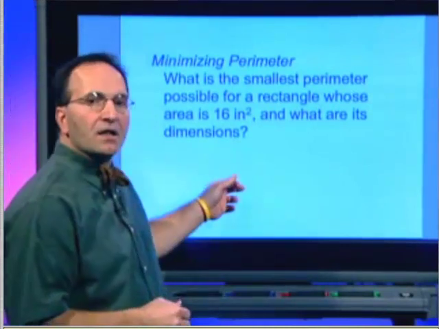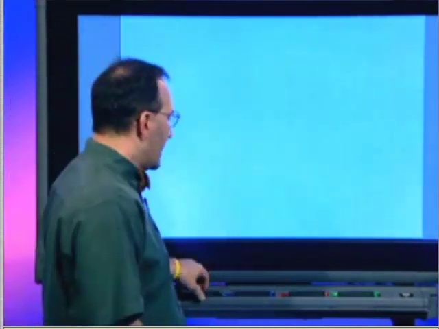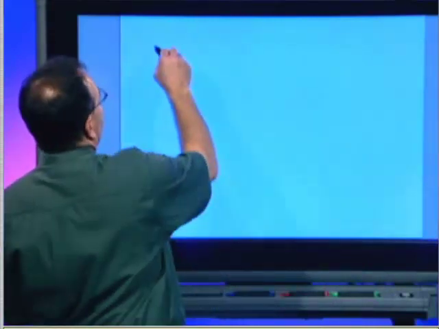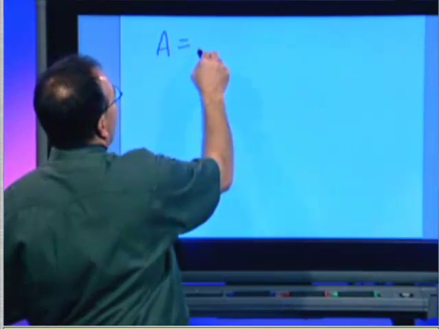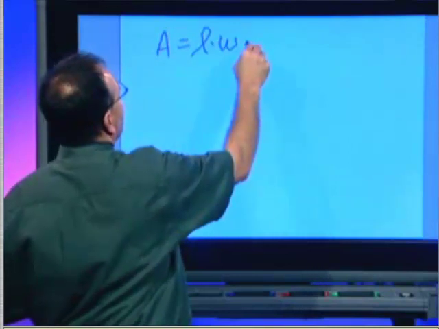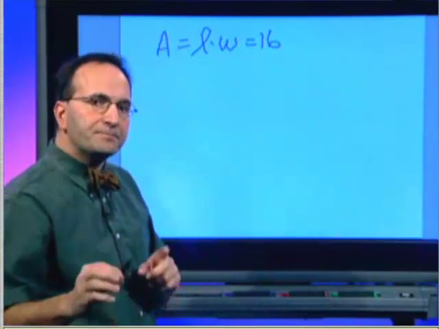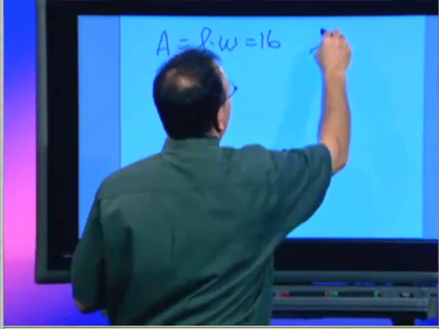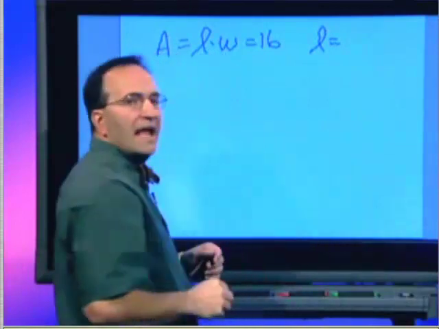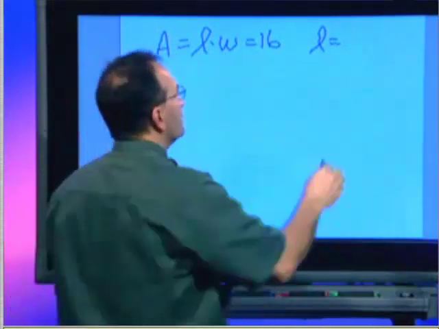Okay, so what we know is the area is equal to 16, and the area of a rectangle is length times width. So area equals length times width, which equals 16, and therefore I can solve for L and say that L is equal to 16 divided by W.